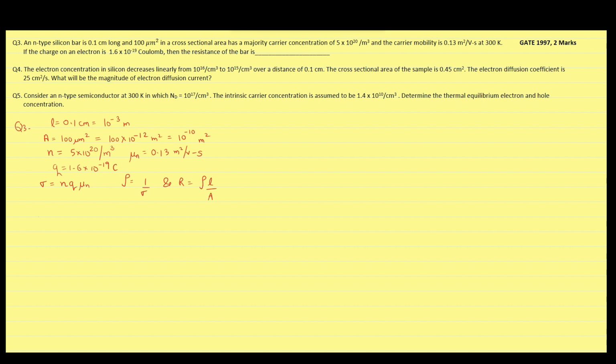We can also write resistance in another form, and now we simply have to put the value of different parameters.